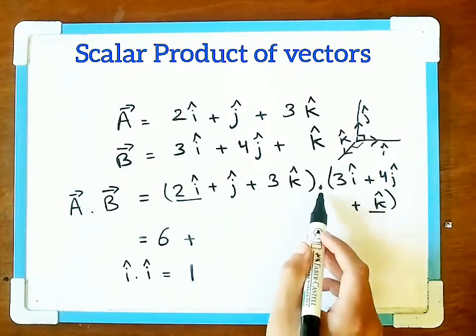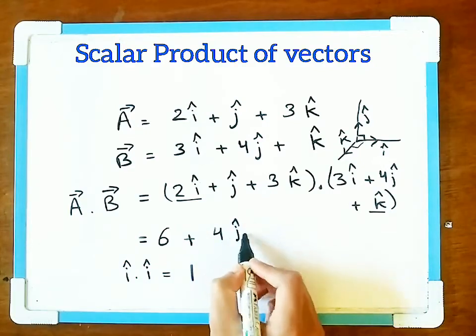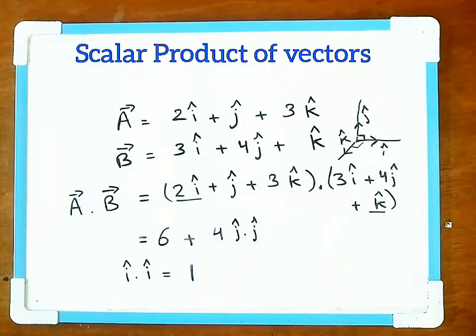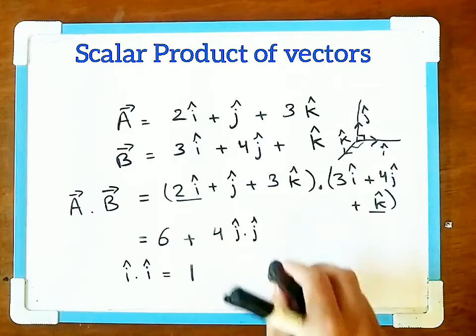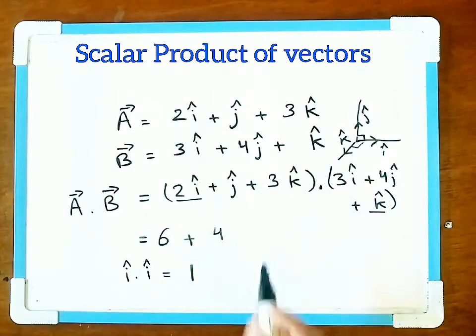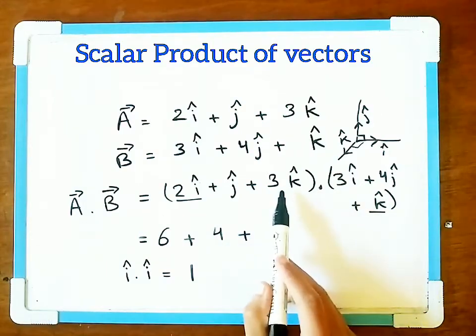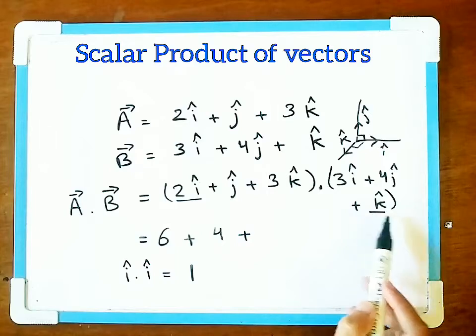So j dot 4j, this will give you 4. j dot j, again j dot j will be equal to 1. Since they are the same, the angle between the j and j is 0. Hence this will be equal to 1. And similarly with this 3k vector, we just take the dot product of 3k cap with k cap itself.